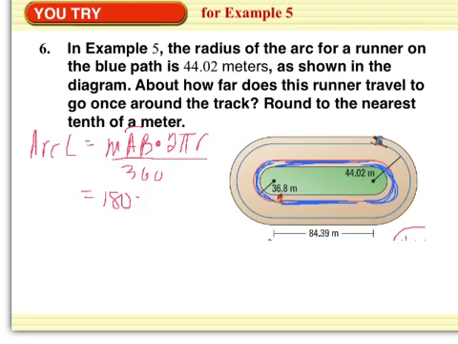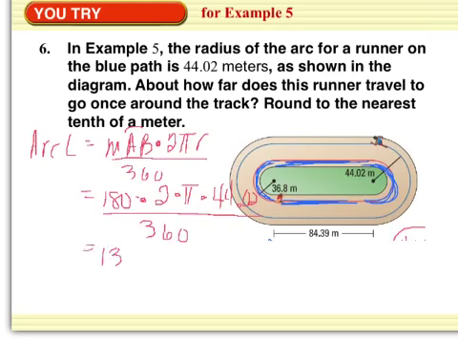So measurement of arc AB times 2 times pi times the radius, which is 44.02, all over 360. Let's see what that gives us. 138.3. So I have 2 of those.